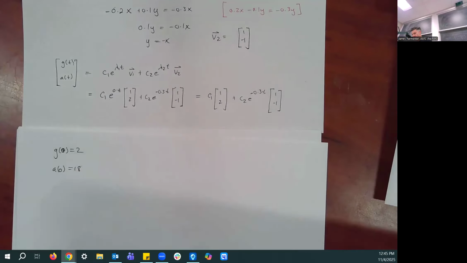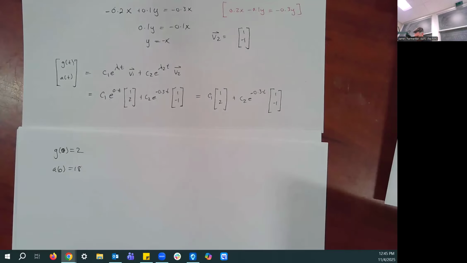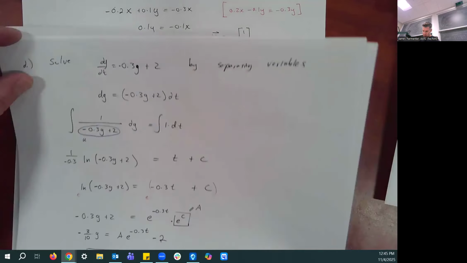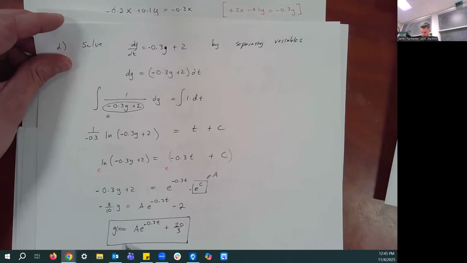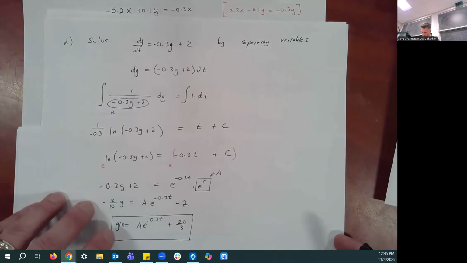Sorry. Let's go back for a minute and fix this before I get too crazy here. Is that right? No, that's not right. I'm looking at my notes here for a second. So G of 0 should be 2. So we got to here last time. Sometimes you get stuck.